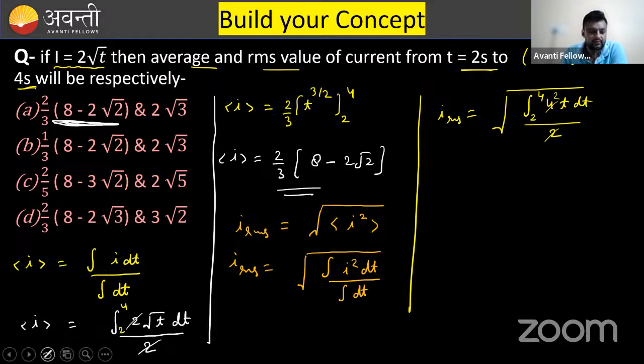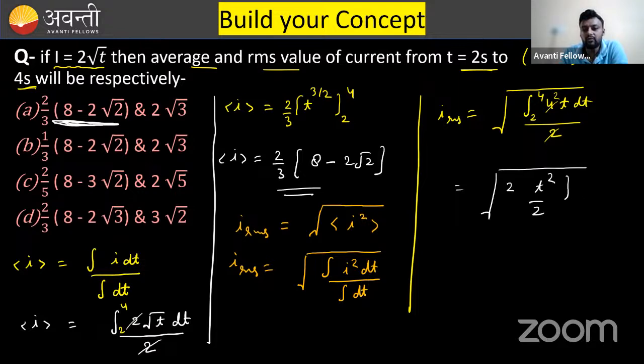So IRMS, if you solve, is the root of, 2 is here, and if you integrate t, that will be t square by 2, with limit from 2 to 4 seconds. This is just the calculation. That is 16 minus 4, that is 12. So that is the root of 12, that is 2 root 3. 2 root 3 is the RMS value of current.